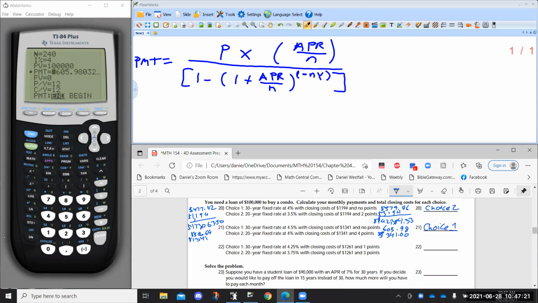Let me show you that. So this is going to be, look at this, this was, make sure that I got this right. 30. This is 4.5. $506.